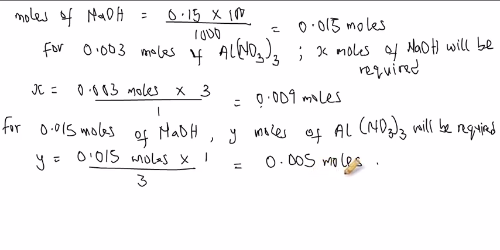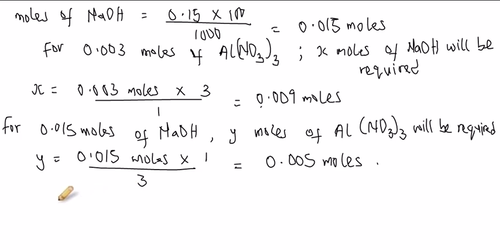So that means we can't use all of the sodium hydroxide, hence we'll be needing more of aluminium nitrate. So this makes aluminium nitrate the limiting reactant and sodium hydroxide the solution in excess.